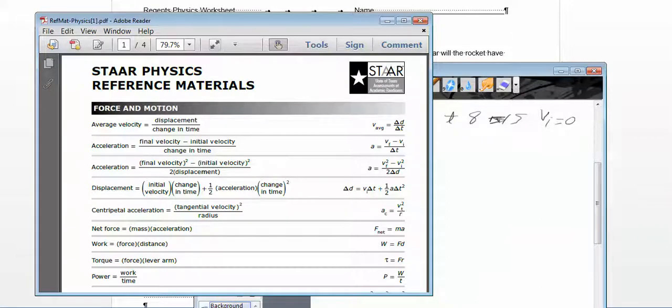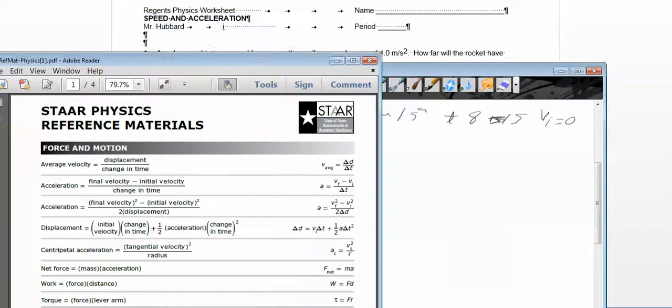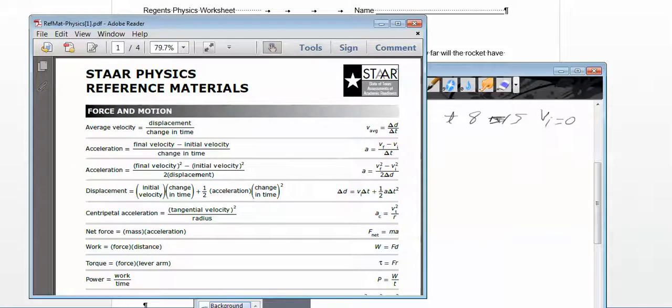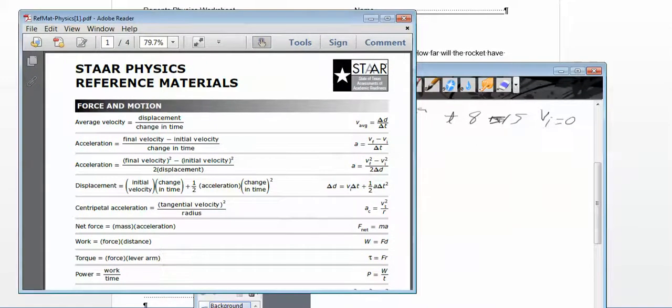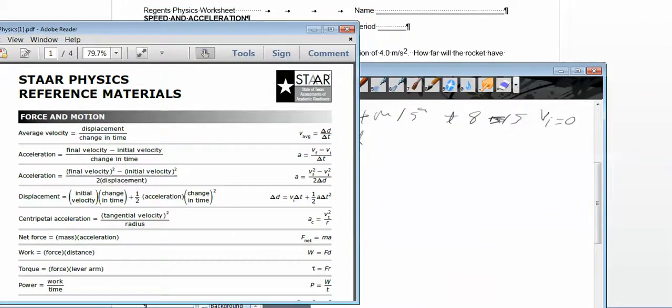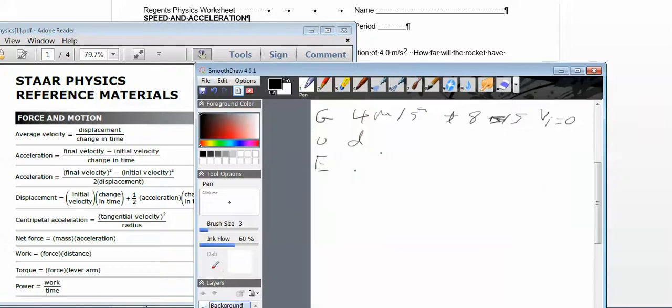This formula says our change in distance is equal to the initial velocity times the change in time, plus 1/2 acceleration times our change in time squared. Our initial velocity was 0, and our change in time was 8 seconds. So there's our equation. I'll write it a little differently: distance equals initial velocity times t plus 1/2 a t squared.